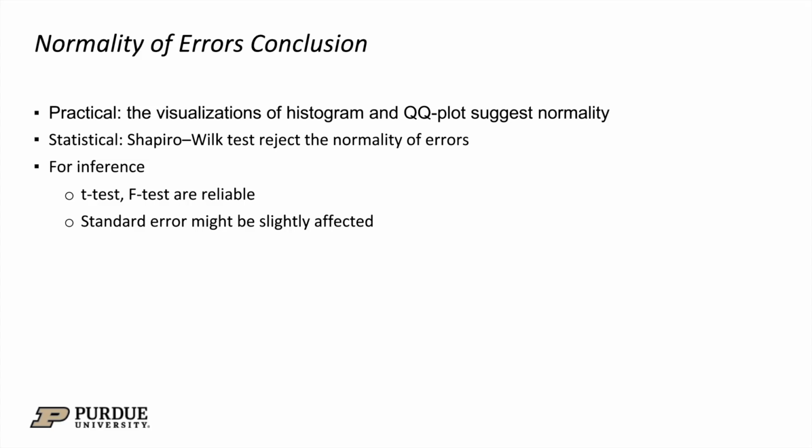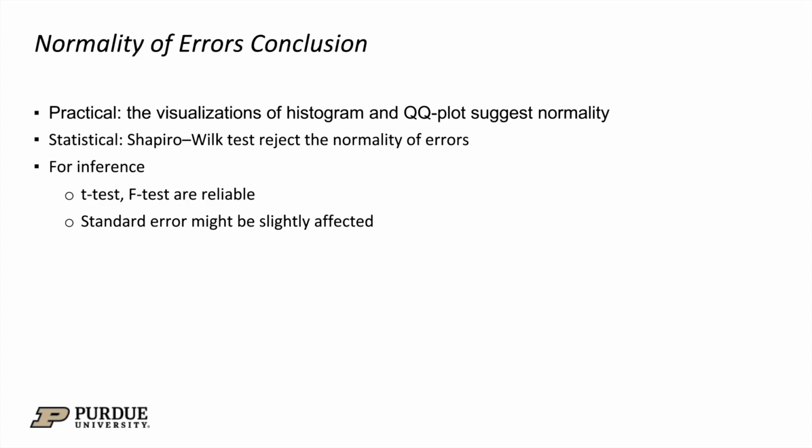Both show residuals are approximately normally distributed, and also the W statistic of 0.98 from the Shapiro test is very close to 1, so that confirms that the practical departure from normality is basically negligible. So overall, the residuals can be considered approximately normal.